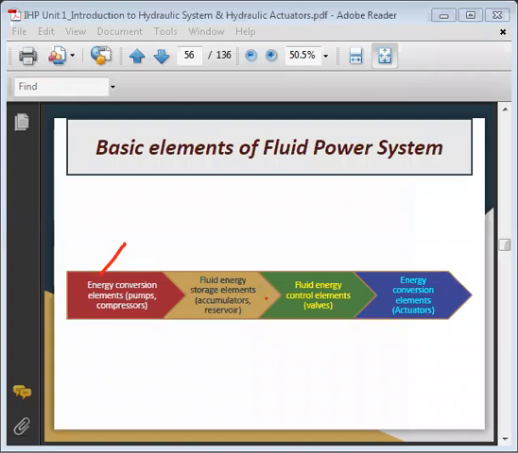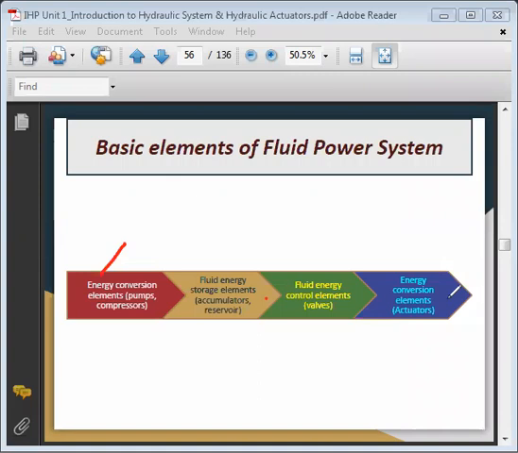Getting it? So the first element is your hydraulic pump and pneumatic compressor. Here compressor means it is used for the pneumatic system. The pump will convert mechanical energy into hydraulic energy.